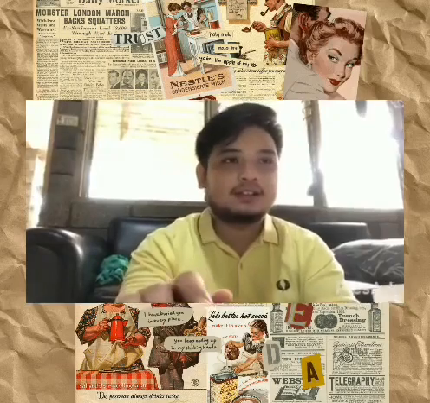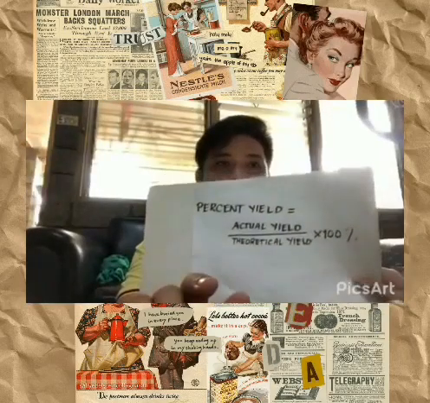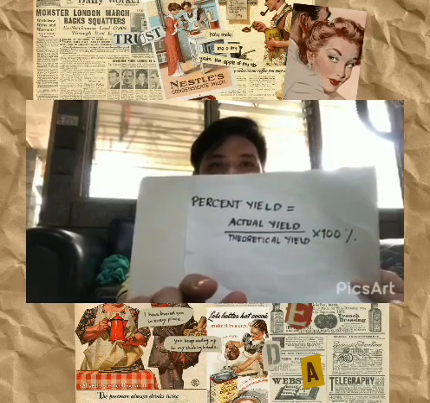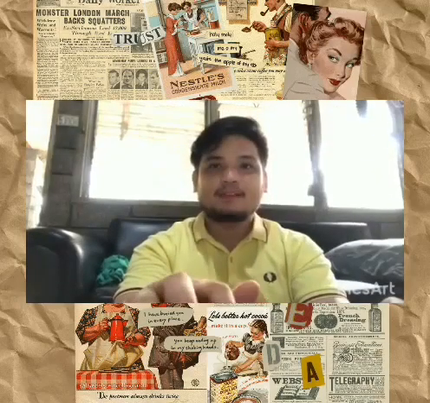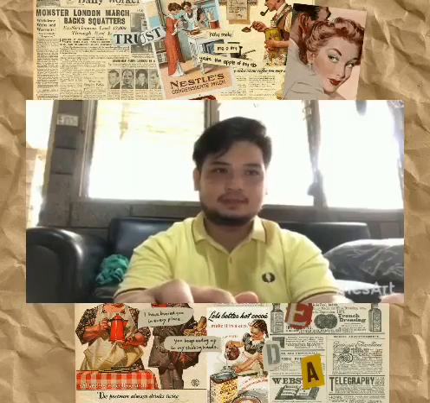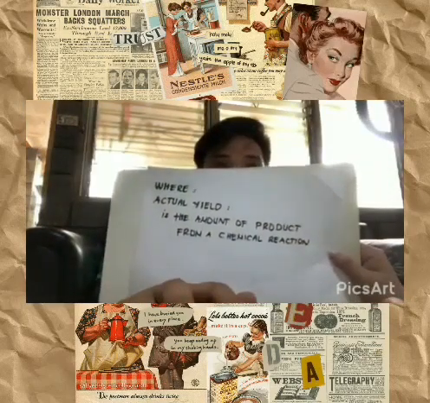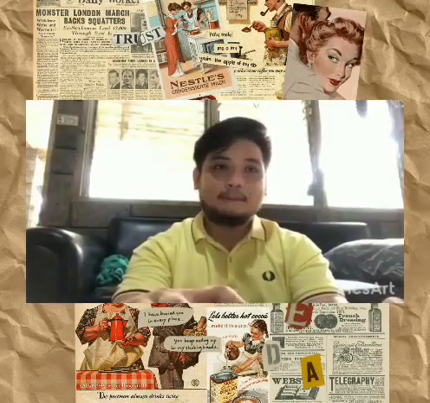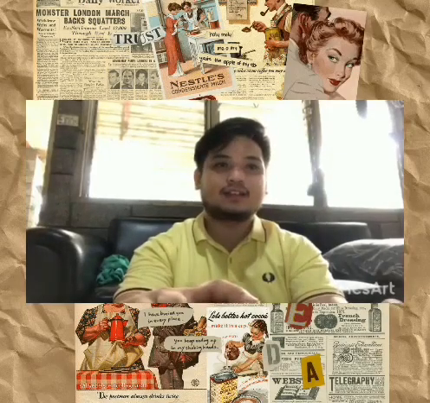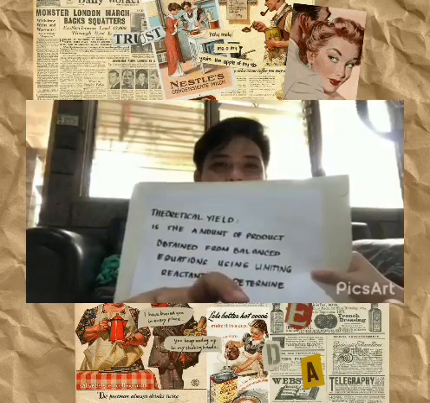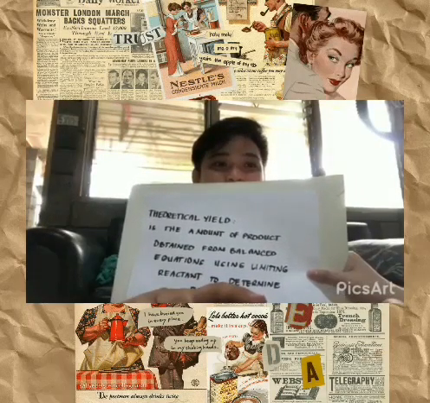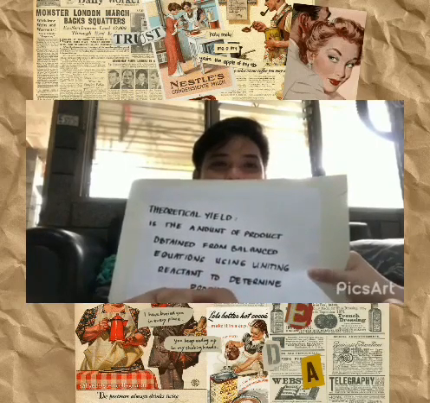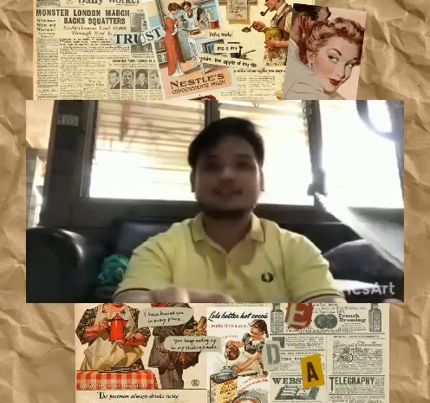This is the formula of percent yield. Percent yield equals actual yield divided by theoretical yield times 100%, where actual yield is the amount of product obtained from a chemical reaction, and theoretical yield is the amount of product obtained from the stoichiometric or balanced equation using the limiting reactant to determine product.